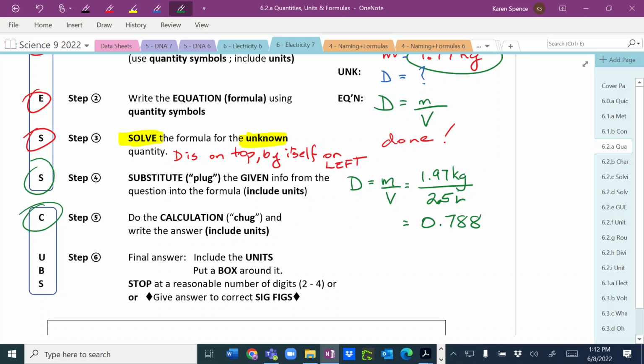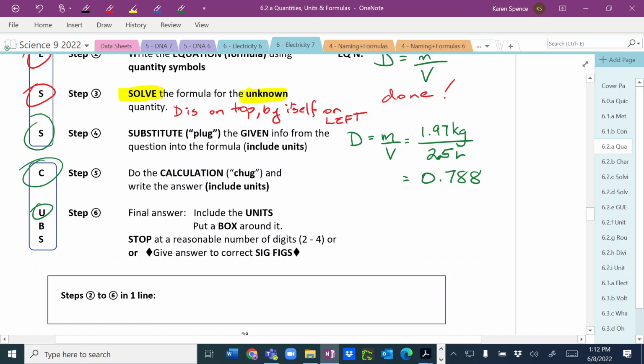No, because although I have done the calculation, I still need to include U. What does U stand for? Units. So what are my units here? I have kilograms on the top and I have liters on the bottom. So my unit is simply kilograms over liters, kilograms per liter.